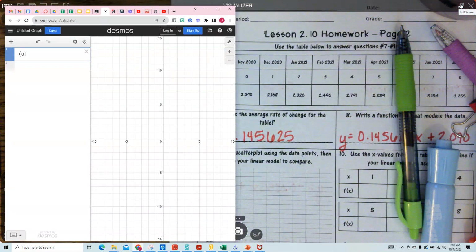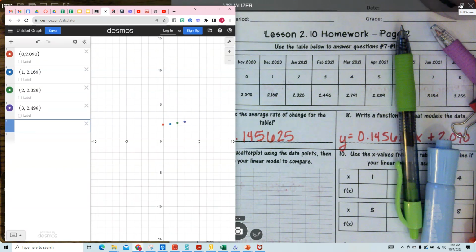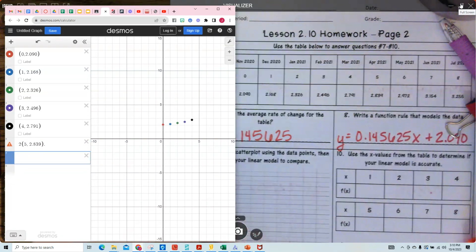So I've got 0, 2.090, and then I've got 1, 2.168, 2, 2.326, 3, 2.496, 4, 2.791, 5, 2.839. Let's see.